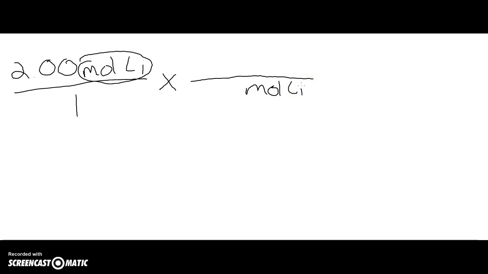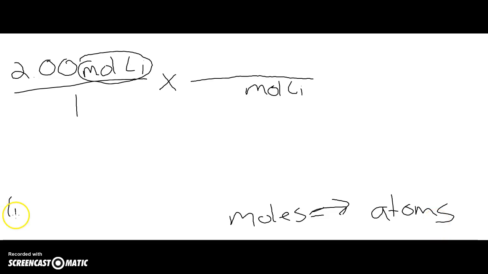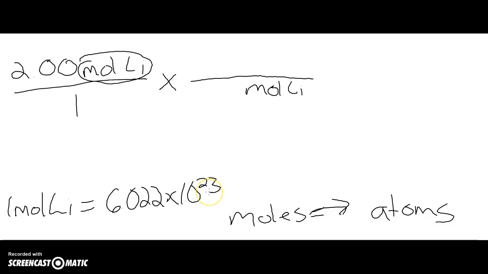Now, because I'm going from moles to atoms or molecules, in this case it's atoms, I know that I need to use Avogadro's number. So Avogadro's number tells me that 1 mole of anything, in this case it's going to be Li, is equal to 6.022 times 10 to the 23 of that thing, so atoms of Li.